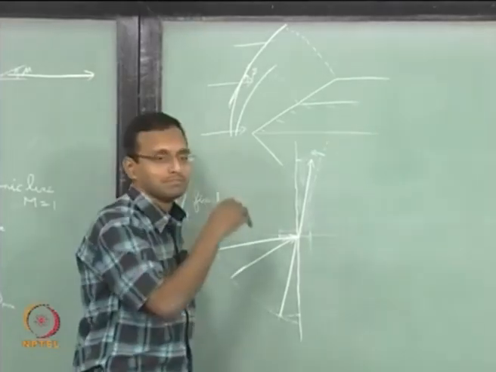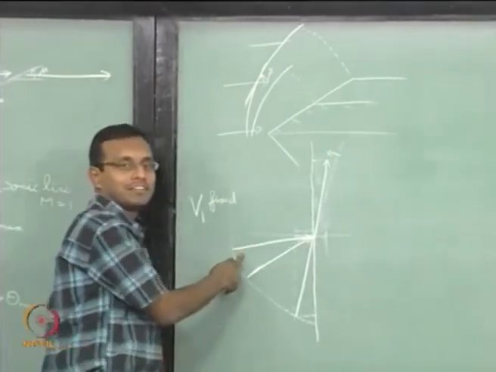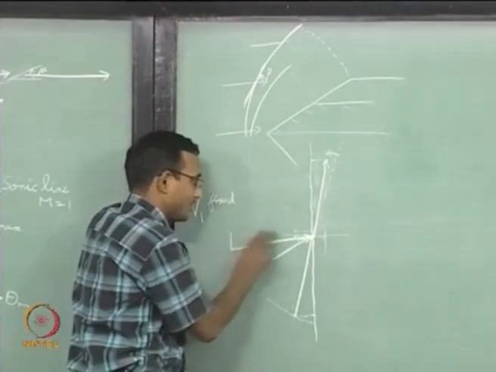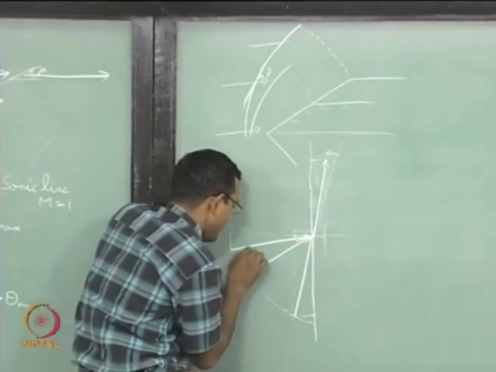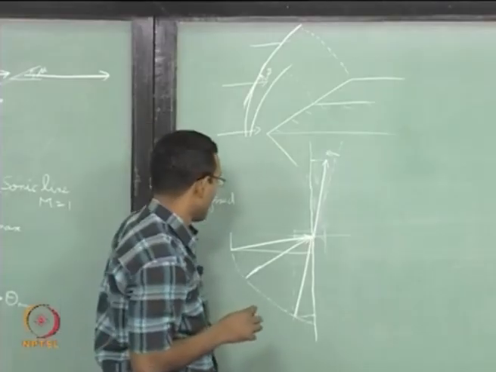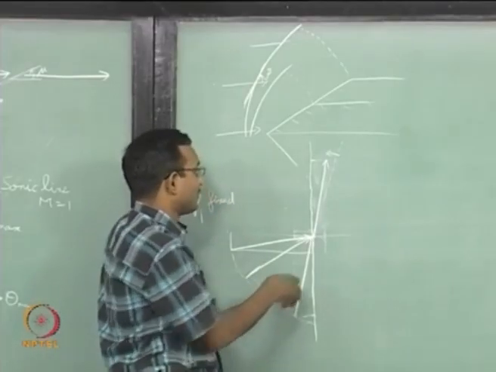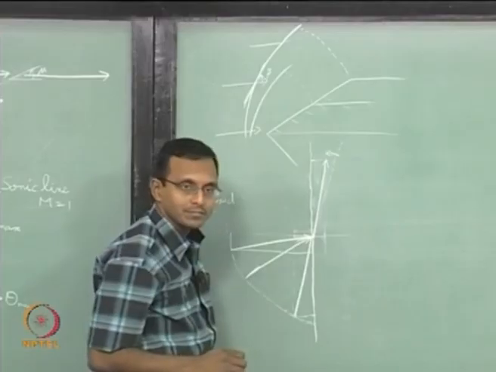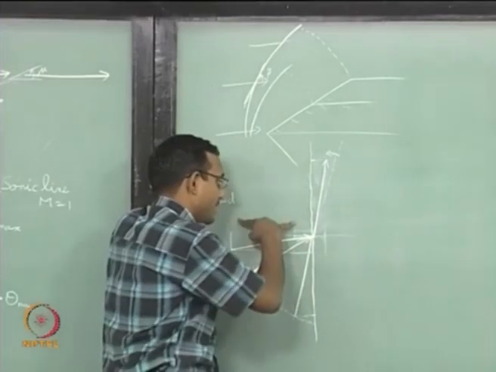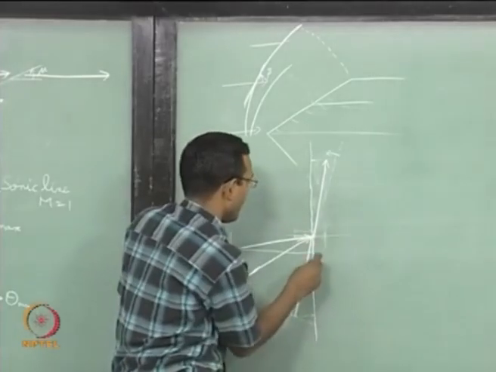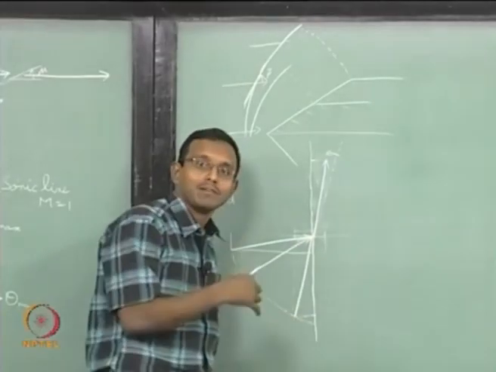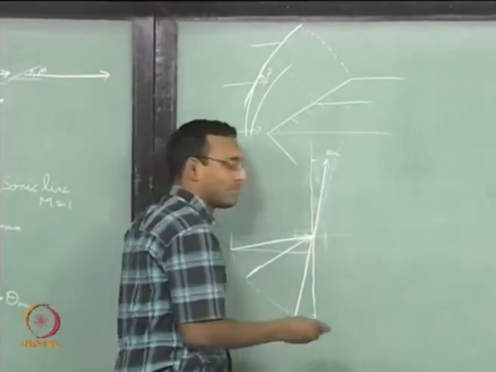Let us go to the other extreme, the highest beta currently we are considering. Here the normal component is very high, this whole thing is the normal component, and this is my tangential component. In this case, for this shock the incoming velocity is very high, which means it will drop very high. Unless I use the normal shock tables, I cannot exactly tell what the value will be, so I am going to guess again.